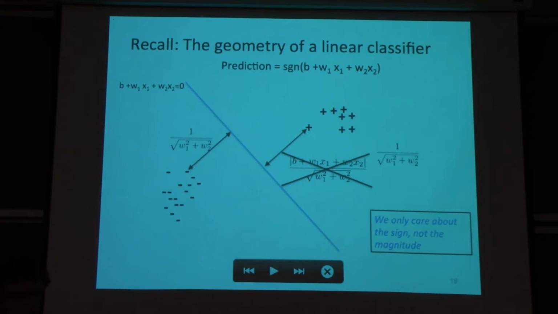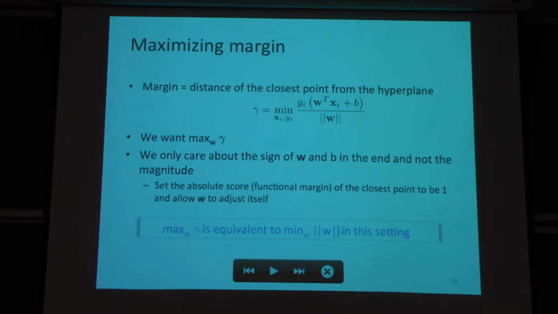The distance is given by this ratio, so we can always rescale so that the numerator is 1 for the closest point. Then maximizing the margin is equivalent to minimizing the denominator, which is the norm of the weight vector. This is the formulation for hard SVM: maximizing the margin gamma is equivalent to minimizing the norm of the weight vector.